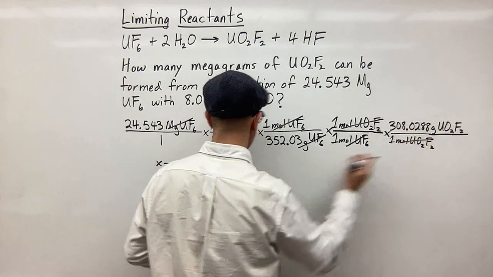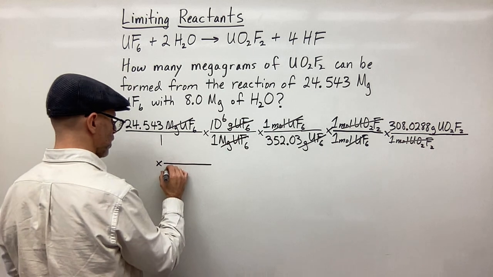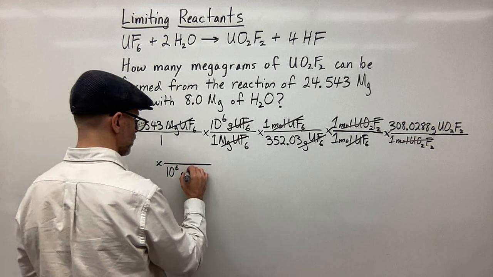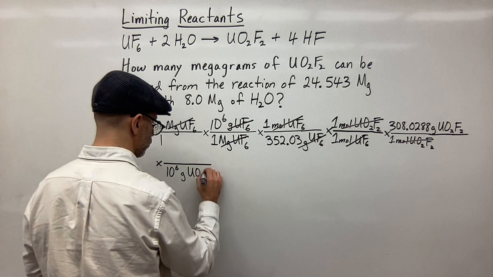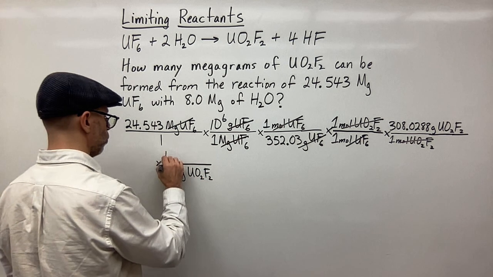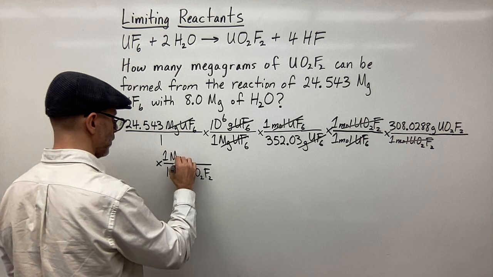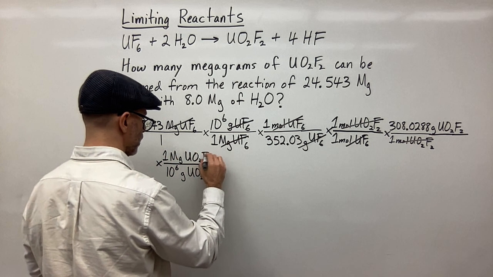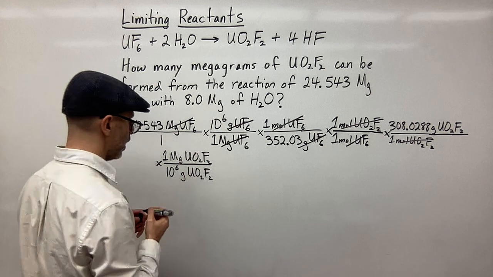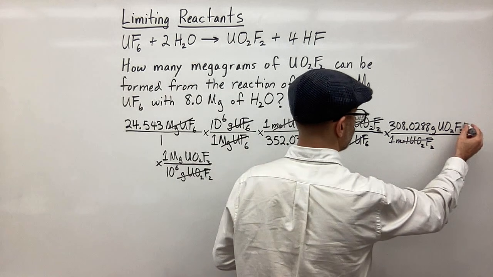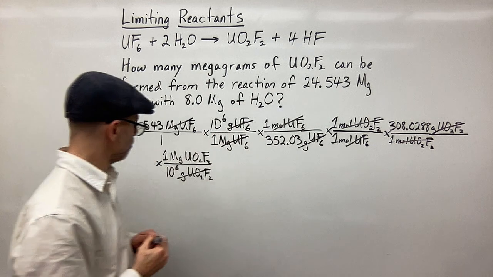I have grams on top, so I'm going to put the grams on the bottom: 10 to the 6 grams of UO2F2 on the bottom and 1 megagram of UO2F2 on the top. So grams cancels out with grams, and now I have megagrams.